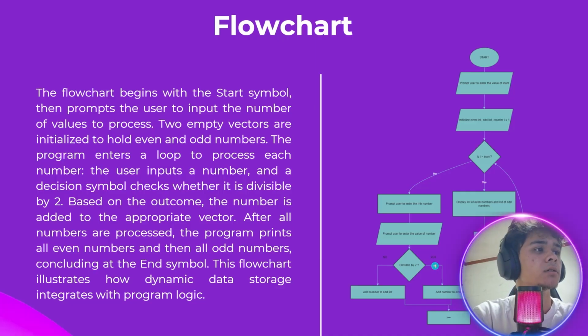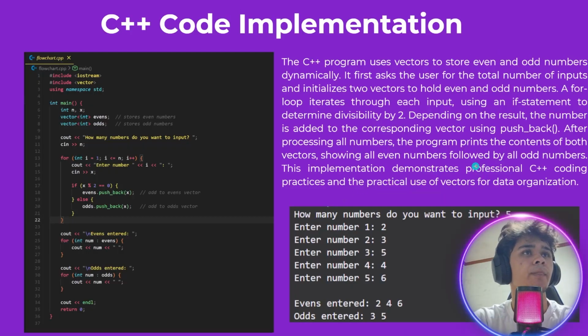If yes, it is added to even, if no, to odd. After all numbers are processed, the program prints all even numbers and then all odd numbers, concluding at the end symbol, coming to here. This flowchart illustrates how dynamic data storage integrates with program logic.